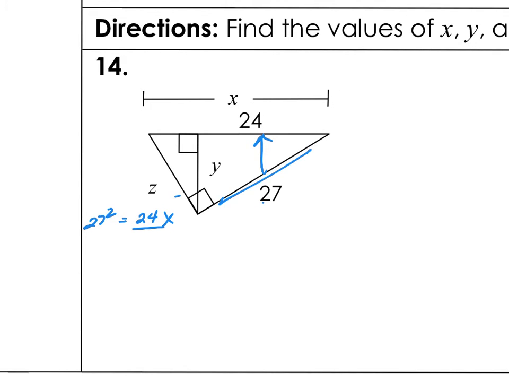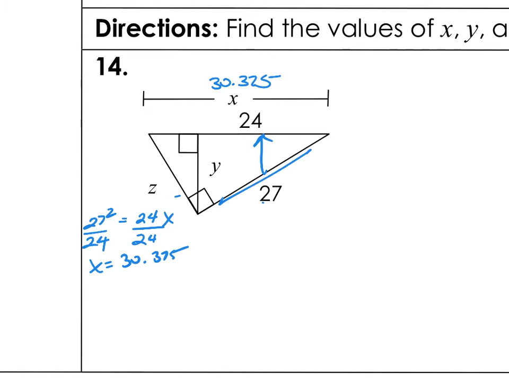So if I divide over by 24, I can find the whole hypotenuse. So 27 squared divided by 24 is 30.375. So x is 30.375. That's this, 30.375.